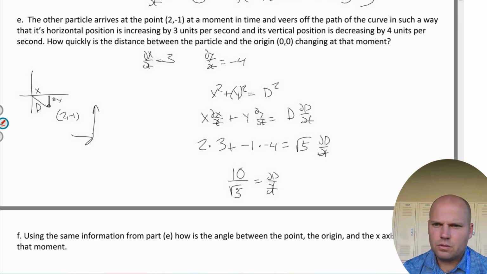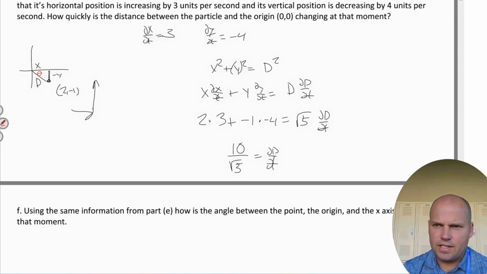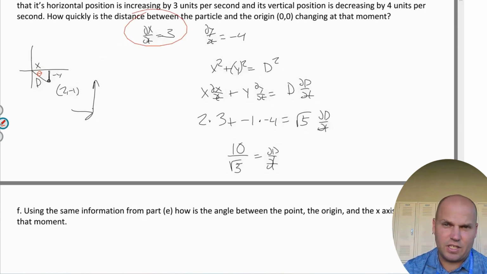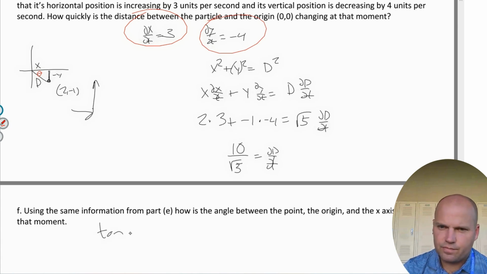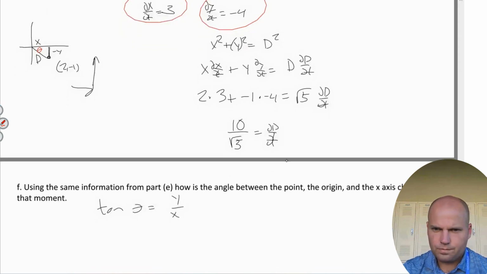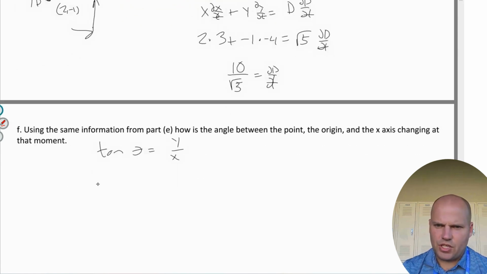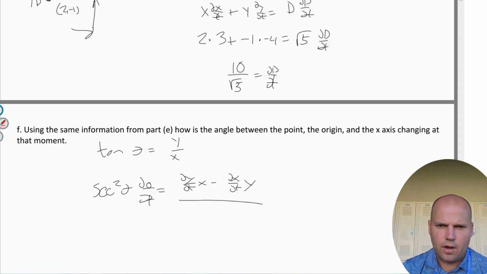How's the angle changing at that moment? Okay. Again, since I have dx/dt and dy/dt, and honestly, since I have dD/dt, I could do whatever I want. But since I was given dx/dt and dy/dt and it doesn't have a root, I'm going to use tangent to see how this angle is changing. Giving me secant squared theta dθ/dt equals (dy/dt times x minus dx/dt times y) over x squared.